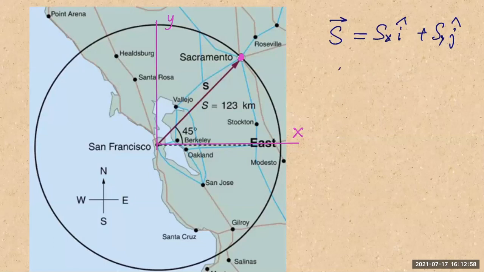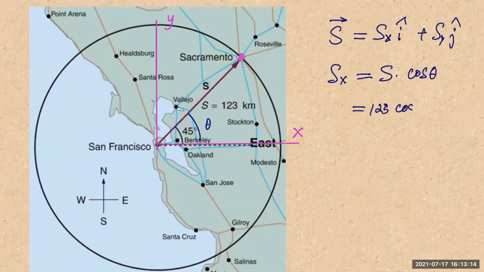Okay, so what is Sx equal to? That will be equal to the magnitude S times what? Cosine of this angle, which we call theta. Cosine theta. Okay, now S is 123 kilometers and cosine 45 degrees. It's interesting that this angle is actually 45 degrees. Anyhow, you get about 95 kilometers.